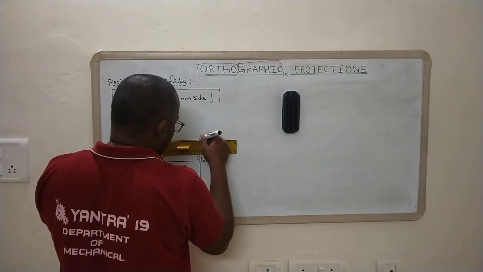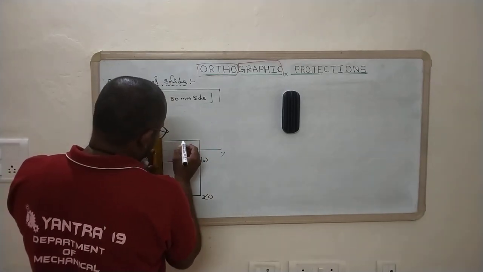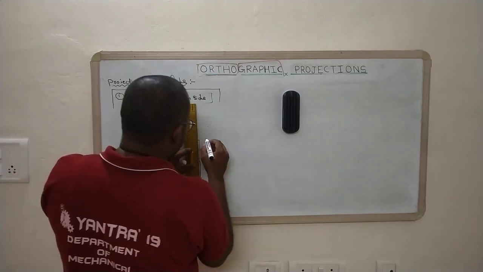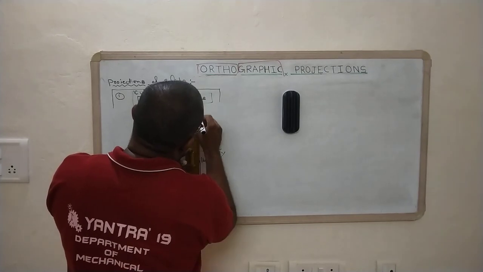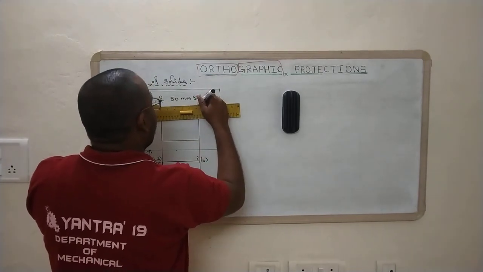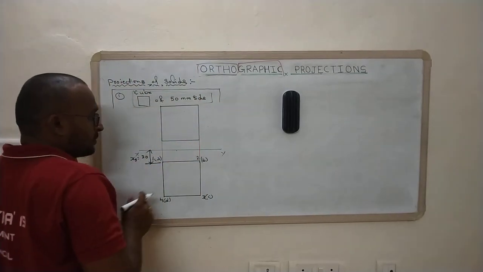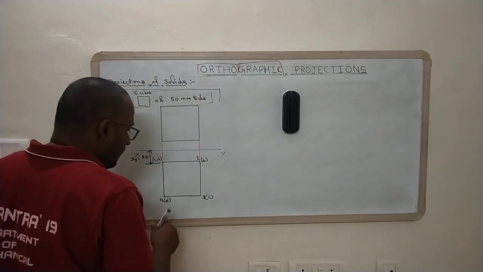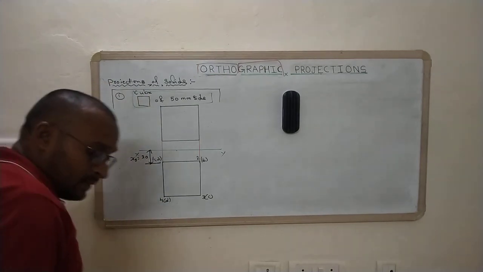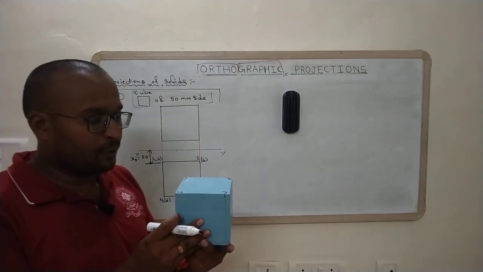So here it is the front view. When we see from the front view, how will it look like? This is the way we are going to place.